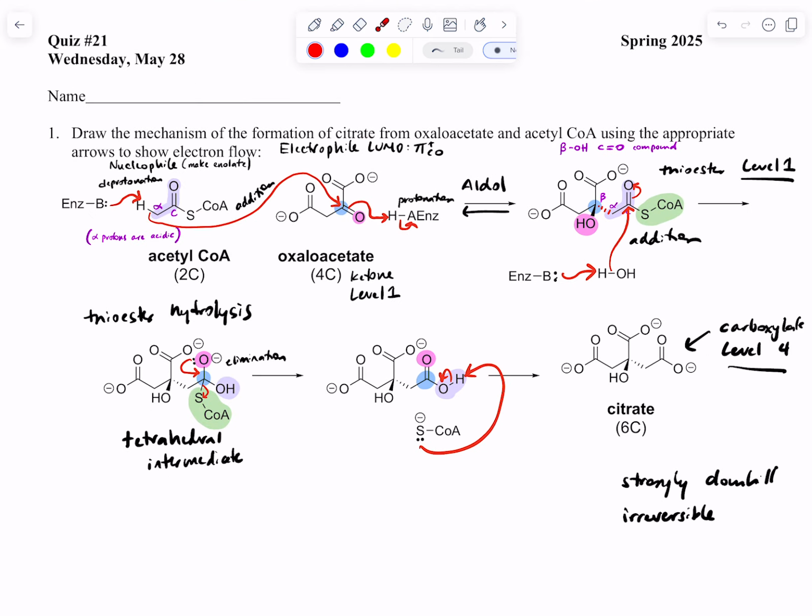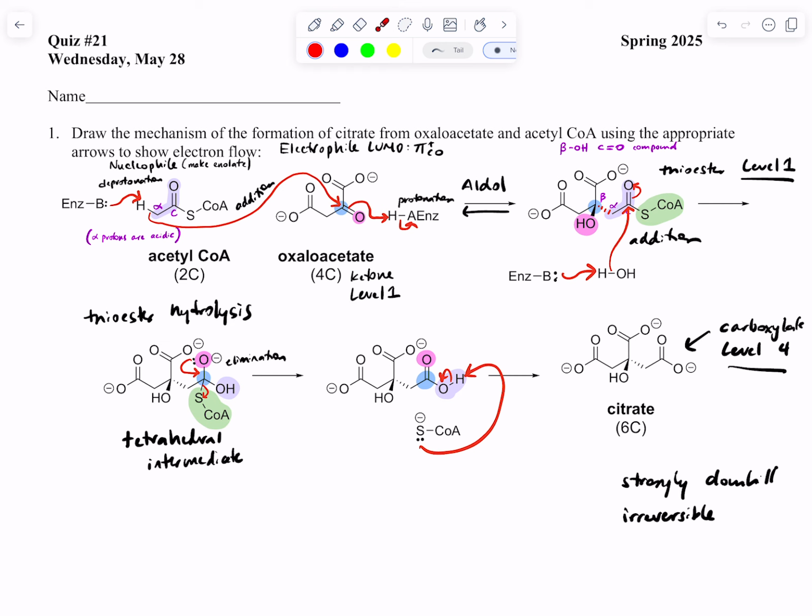Good. So now that we've gone through that, it might be worth it, if you're studying, not today or tomorrow, but once you finally come back online and are studying the new stuff, go ahead and practice this without somebody talking you through it, and then if you can practice it with the intermediates shown, and I'll give you a fresh copy of the quiz on the content page of Learning Suite, the problem set's going to ask you to do it without the intermediates shown.